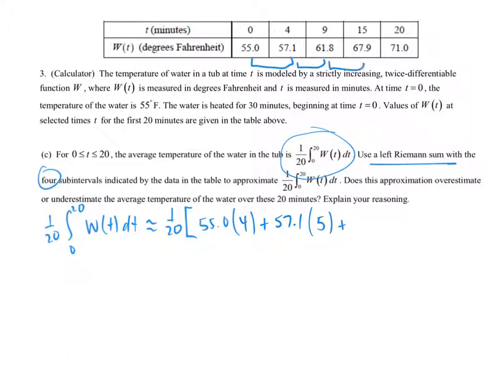Plus, the next subinterval, the number on the left would be 61.8, multiplied by the width of that subinterval, which is going from 9 until 15, so that would be a width of 6. And then finally, my last subinterval, I will have 67.9 as my y value on the left, multiplied by the width of that subinterval, which is 5.